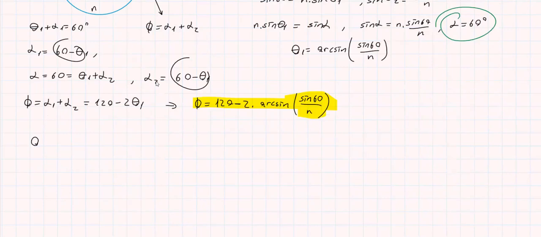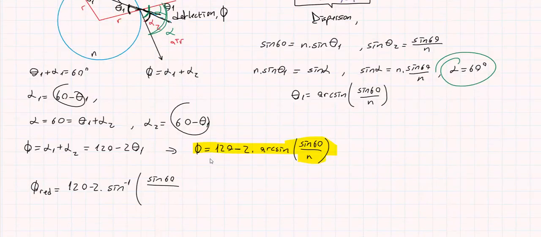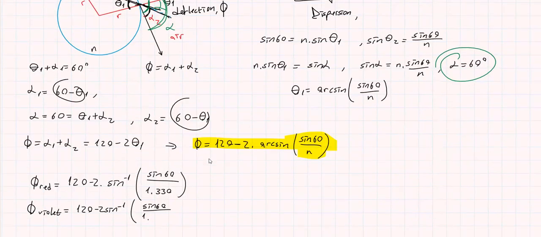Then I say phi red, let's say, is 120 minus 2 times sine minus 1 of sine 60 over the refractive index given for red, which is 1.330, and phi violet similarly will be 120 minus 2 times sine minus 1 of sine 60 over 1.341.